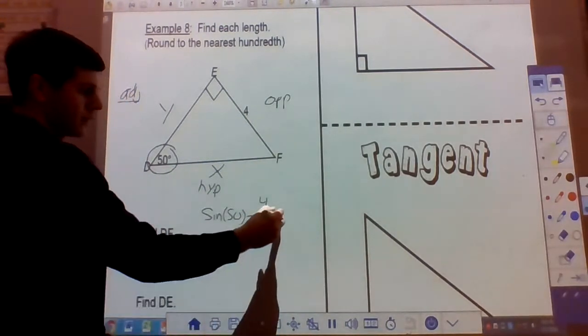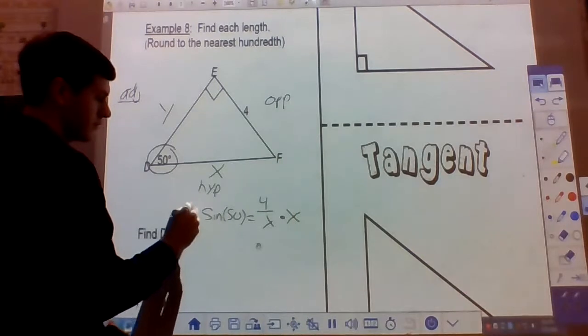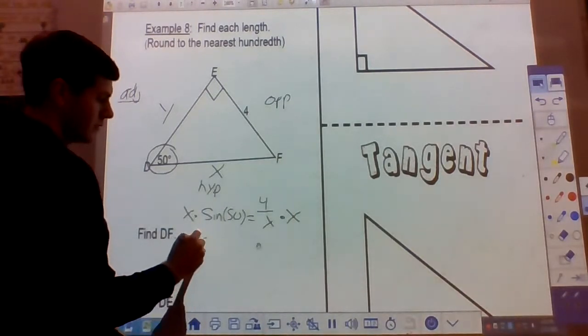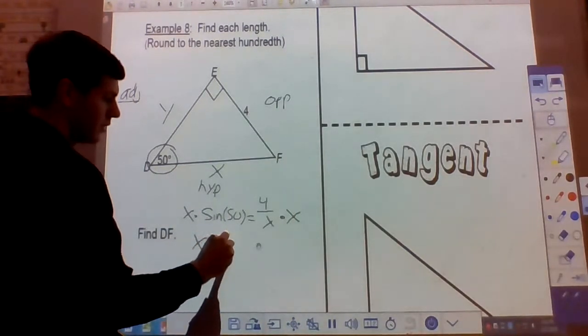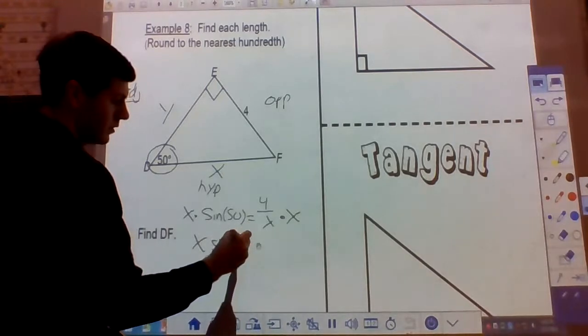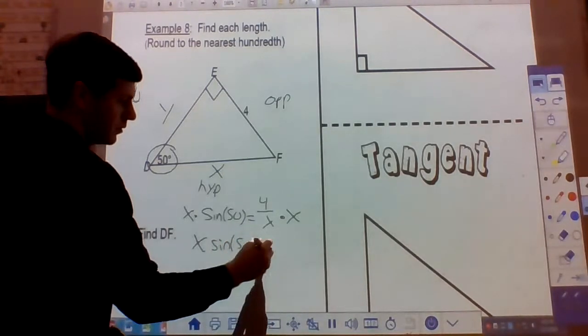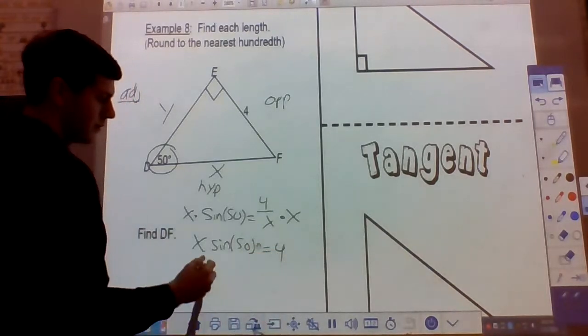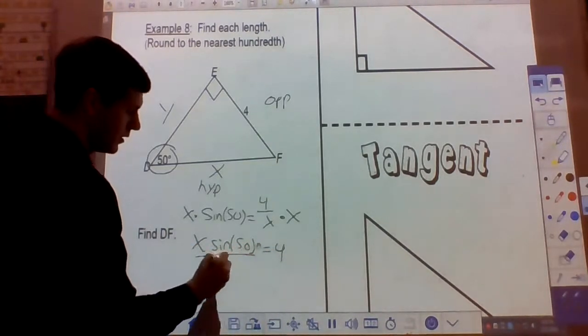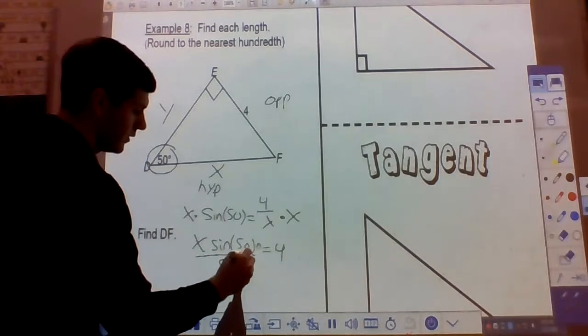We want to solve for x, so we multiply both sides by x. So we get x times the sine of 50 equals 4, and we want to divide by the sine of 50.